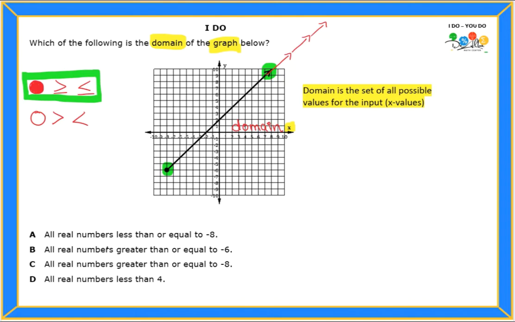So what's the next thing to do? We took care of those things. Now let's go back to the way to find domain. We can imagine drawing a fence. What do I mean by a fence?